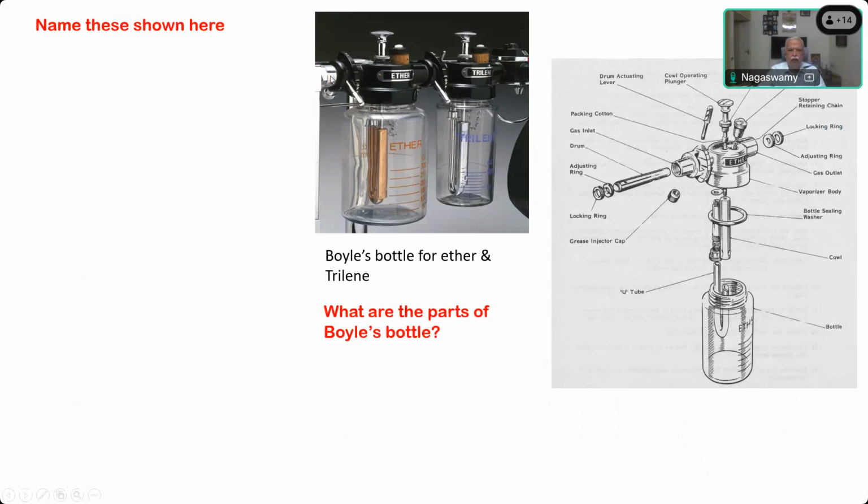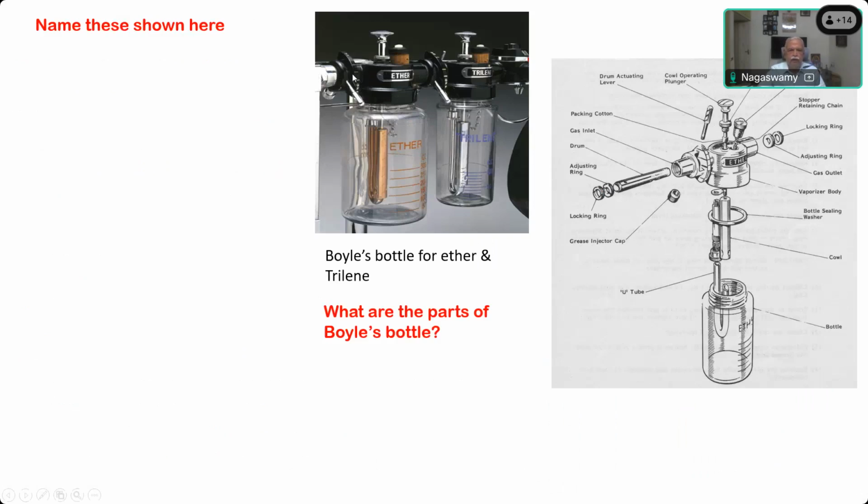So the fresh gas flow coming from the flow meter can be adjusted. If you keep it in off position, can you see this word OFF here? Yes, sir. If it is in off position, all the fresh gas will go straight through without entering this bottle. That means no vapor will be carried. And with the trilene also in off position, you will deliver only the gases coming straight from the flow meter.